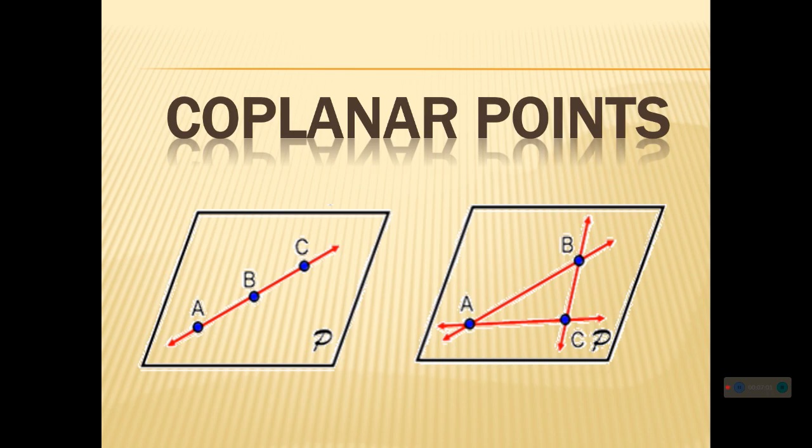For our example, we have here the coplanar points A, B, C. And on the other figure, the coplanar points are also A, B, and C. Because these 3 points A, B, C on the first figure and A, B, C on the second figure are all lying on one plane, the same plane.